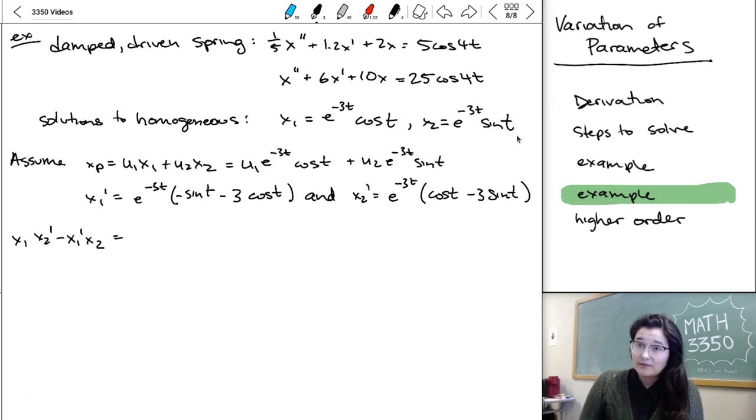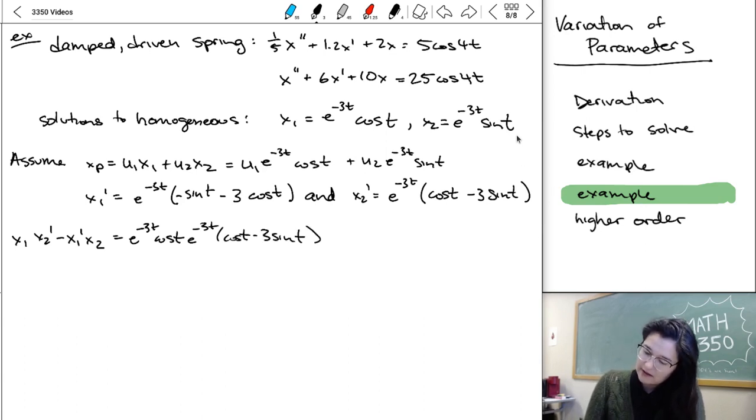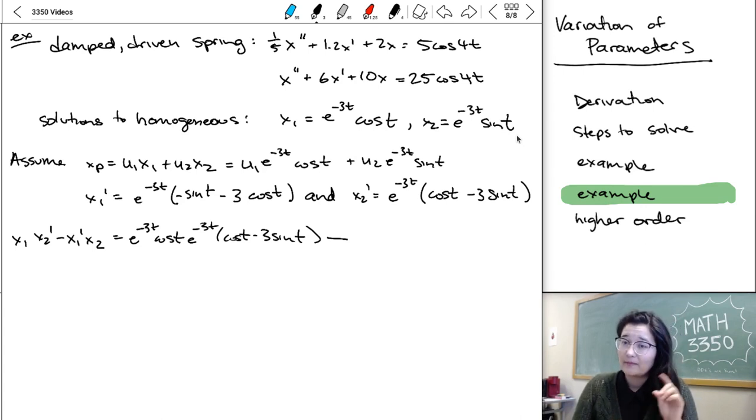And it's a lot of terms. To save space, you can go ahead and factor out your e right away, but I'm going to write everything out and then factor it. So my x1 is e to minus 3t cosine t. My x2 prime is e to minus 3t times cosine t minus 3 sine t. Minus, I don't want to lose that minus sign, my x1 prime, e to minus 3t times minus sine t minus 3 cosine t.